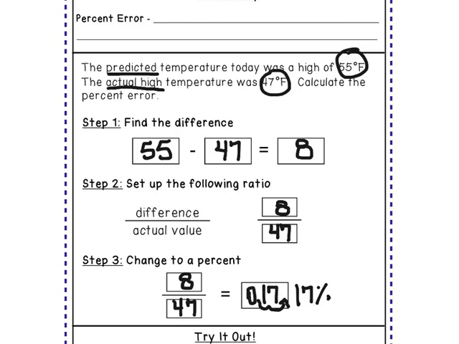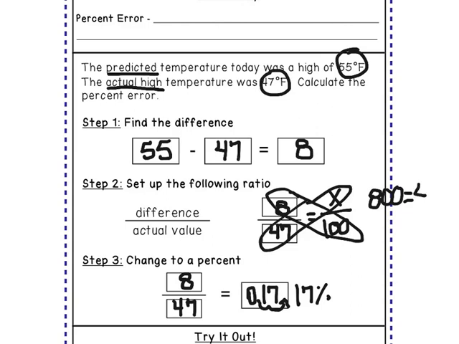Now I'm going to do it the other way. For those of you that like the percent proportion better, I'm just going to put an equal sign, and I'm going to set it equal to x over 100. So 100 times 8 is 800. I write it up here. And x times 47 is 47x.